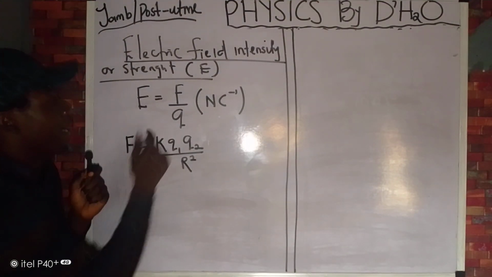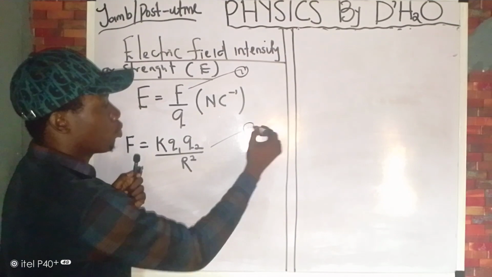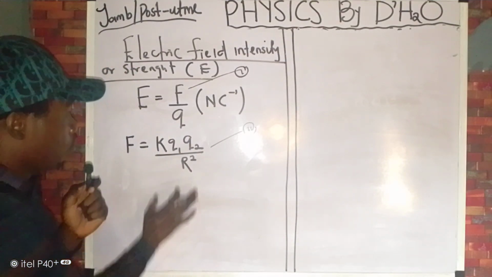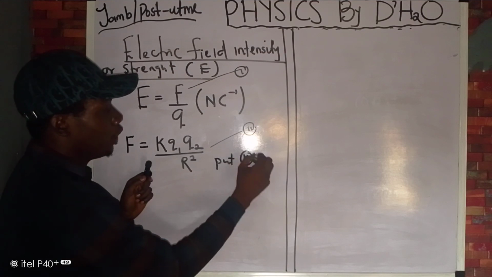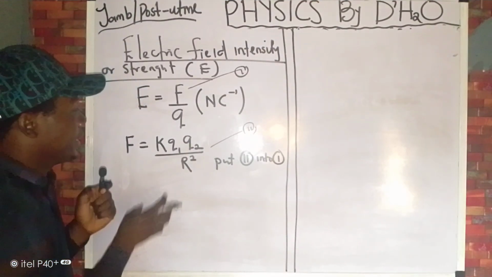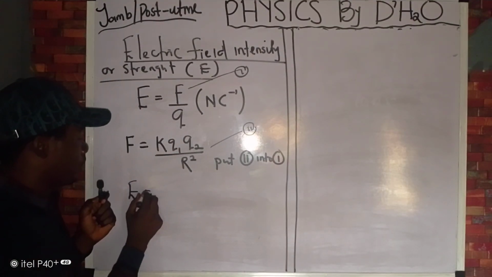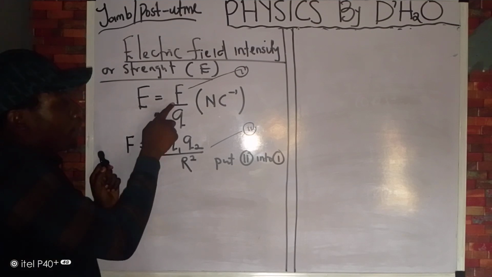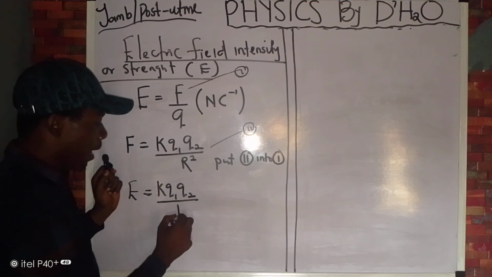So if I call this equation 1 and this equation 2, I can decide to put 2 into 1. Let's do that quickly. If I take force and put it here, E will be equal to, watch this, instead of having force, we have K Q1 Q2 over R squared.